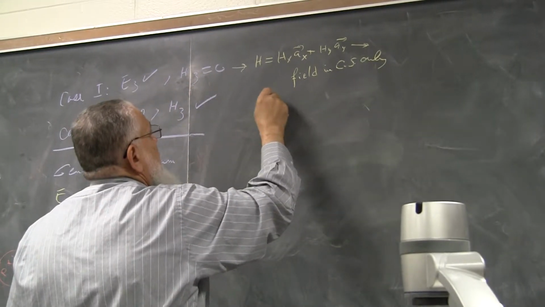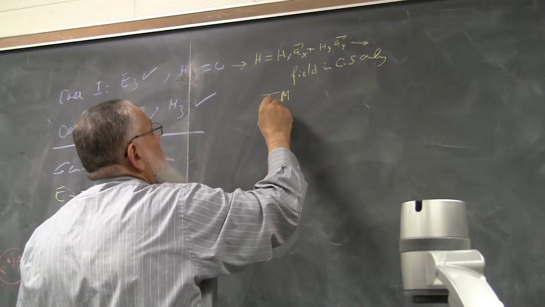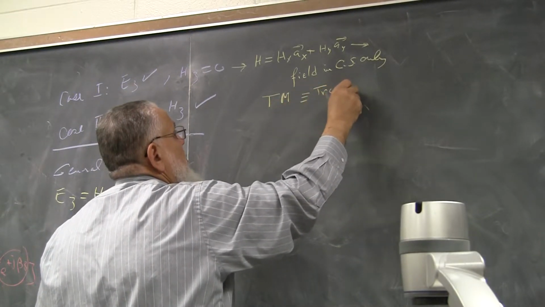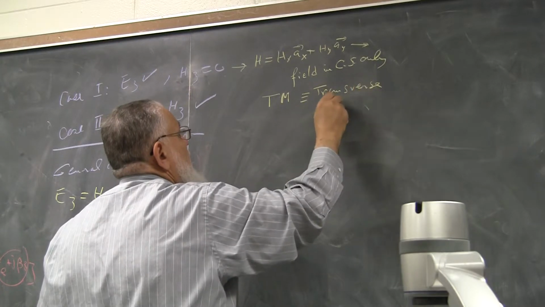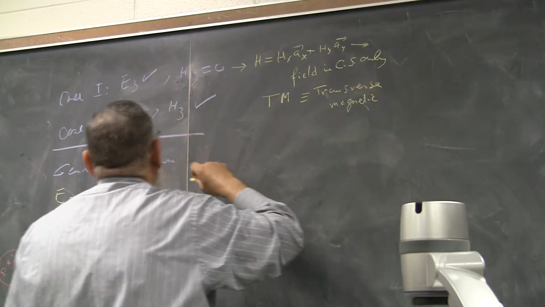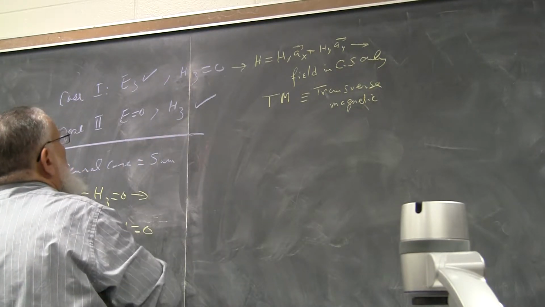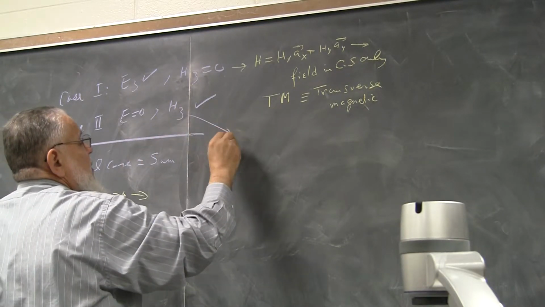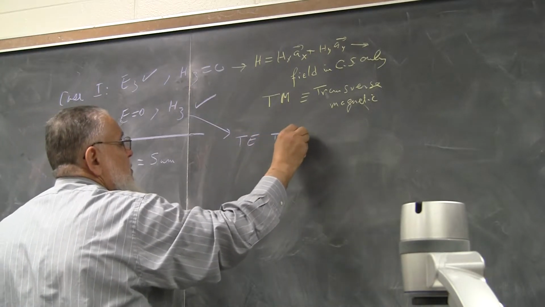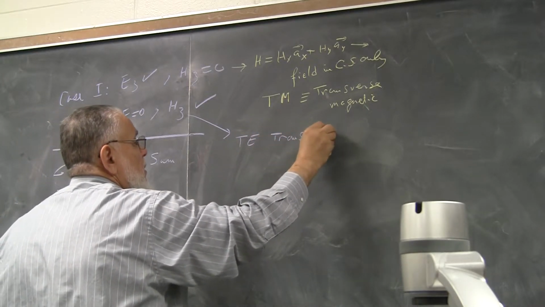We'll call this case here transverse magnetic. This case here, where E sub z is 0, we can likewise call it TE, and it will be transverse electric.